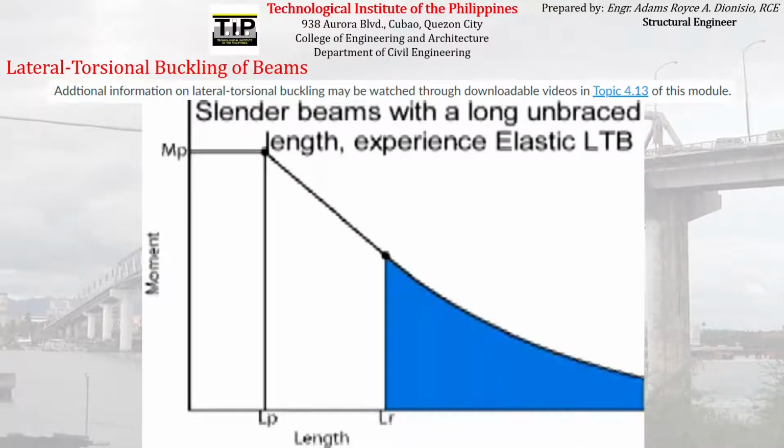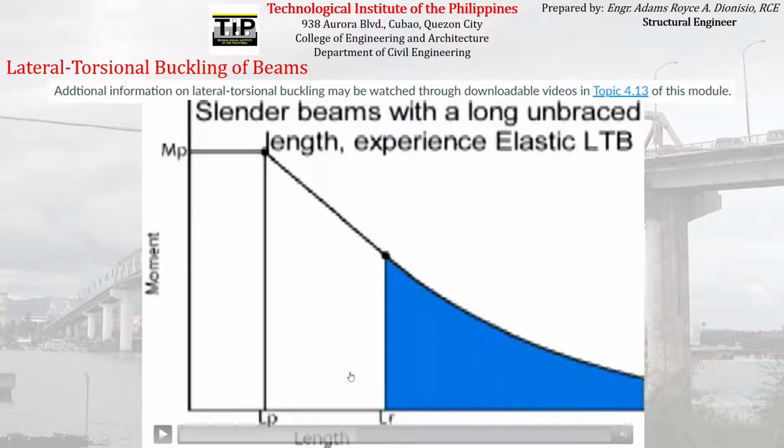Slender beams with a long unbraced length experience elastic lateral torsional buckling. So you can see here, habang lumalaki yung spacing between one lateral bracing to the other, humihina yung beam natin, lumiliit yung corresponding moment capacity niya. Pero merong point diyan, merong certain magnitude of spacing wherein the beam will still experience elastic lateral torsional buckling.